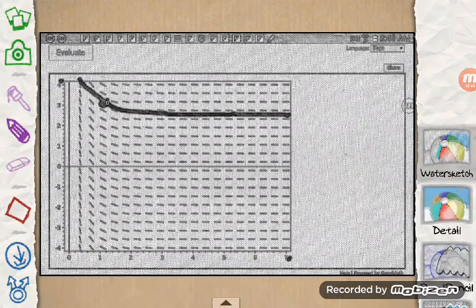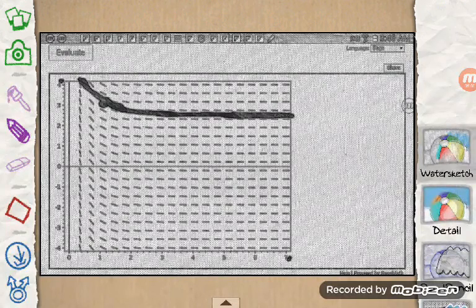Here's the point (1, 3), and if I connect the dots, it looks something kind of like this. And there's my solution, and that looks probably about right.